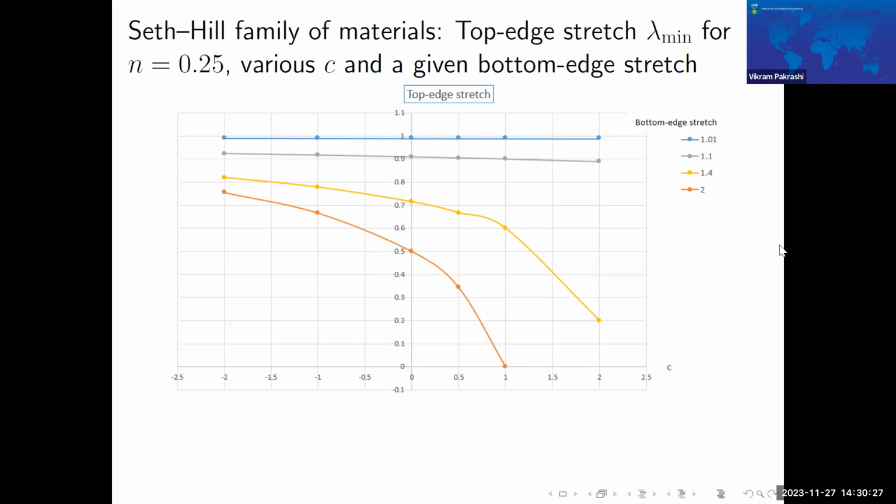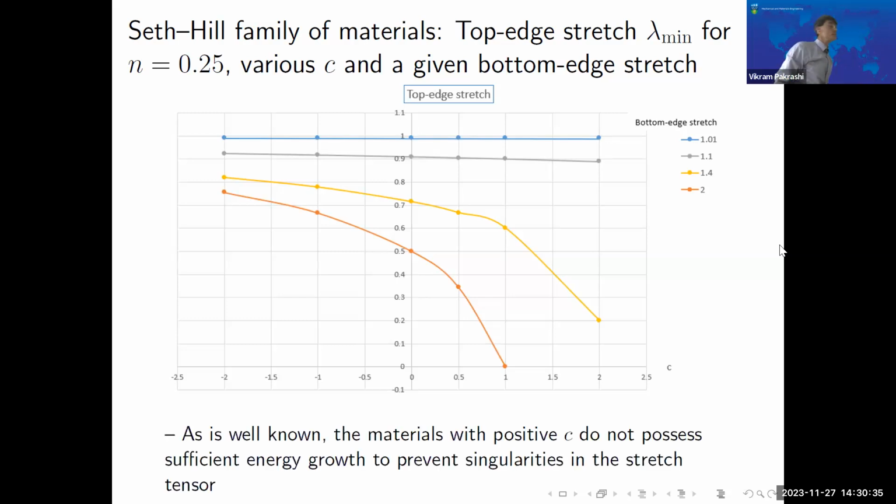So it means that there exist materials for which we cannot really obtain a physically viable solution. And this is well known. All the materials with positive C do not possess sufficient growth in their energy density to prevent singularities from happening in the stretch tensor.